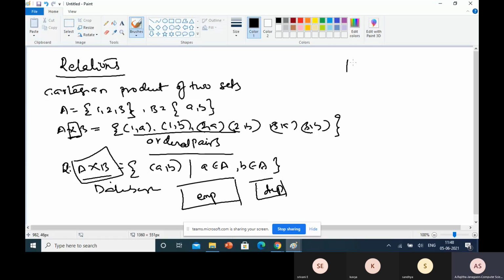How many ordered pairs are present in this Cartesian product?